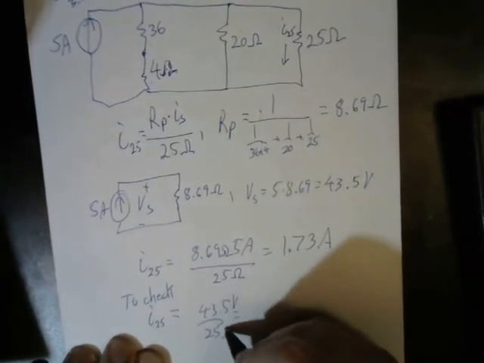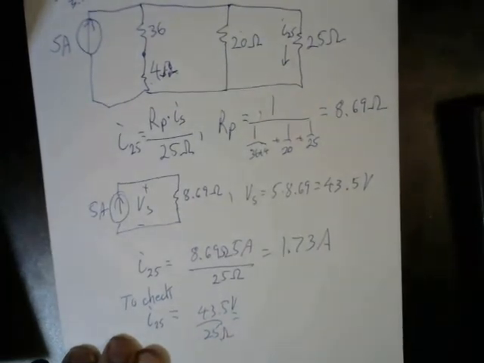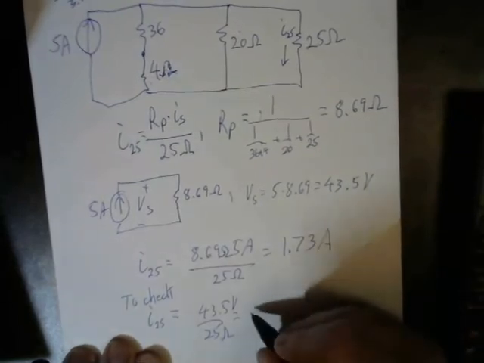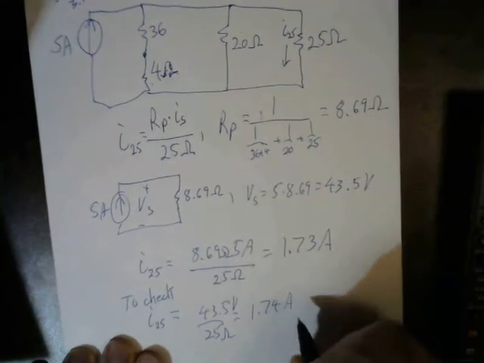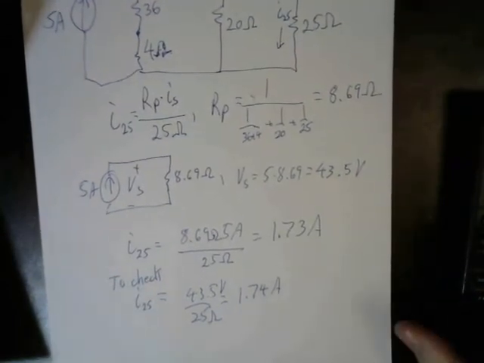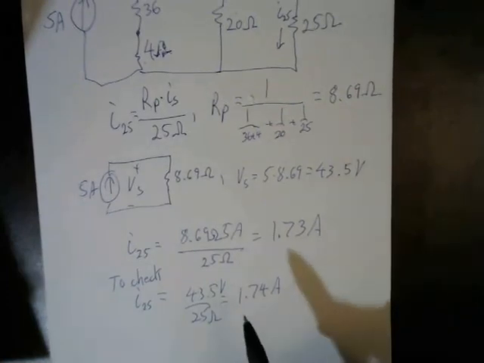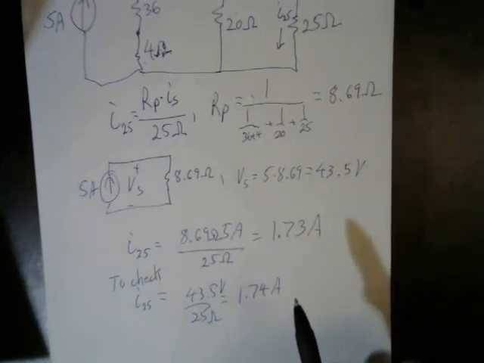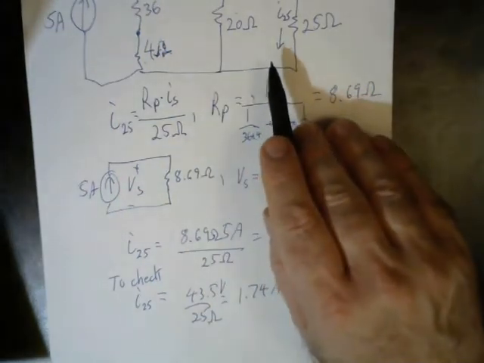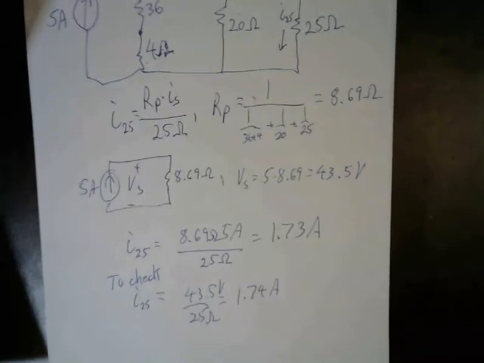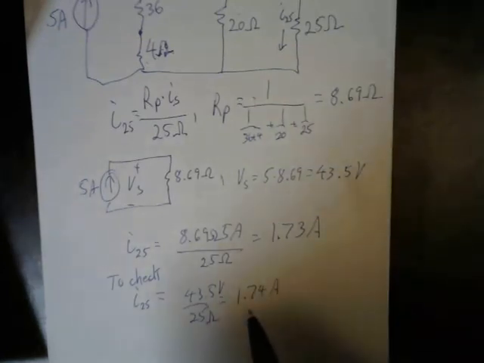That's volts over ohms, which gives me amps. 1.74. Also, I rounded somewhere, but those are basically the same. All right, so you can use the current division formula, which is the parallel equivalent of the entire circuit divided by the resistance times the source current to get the current.